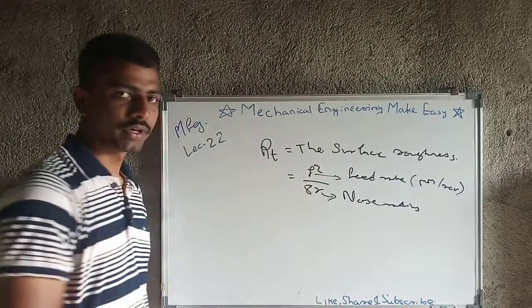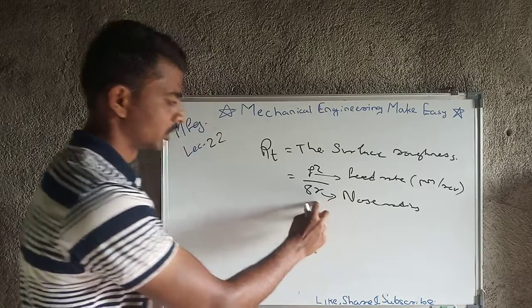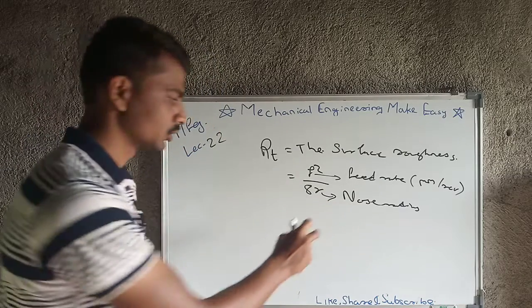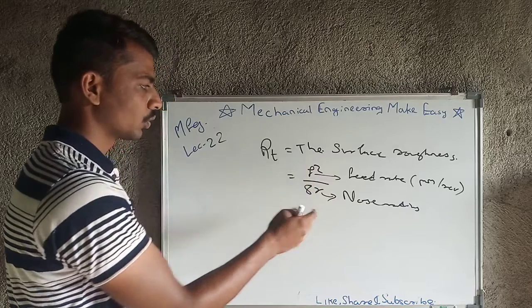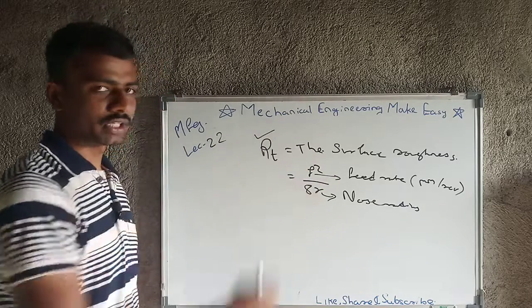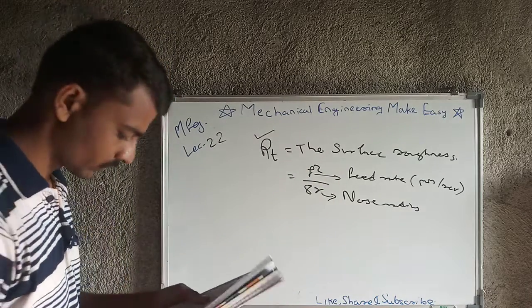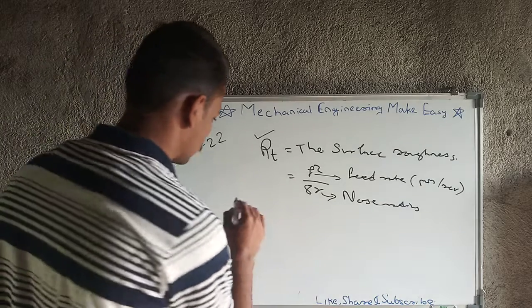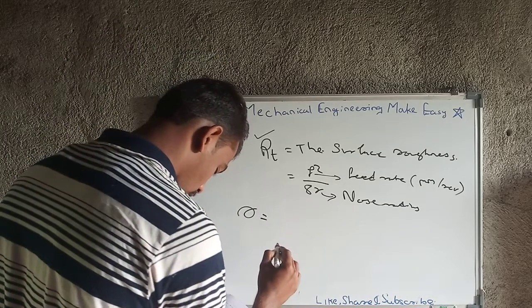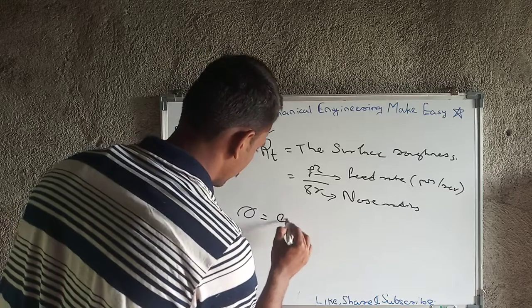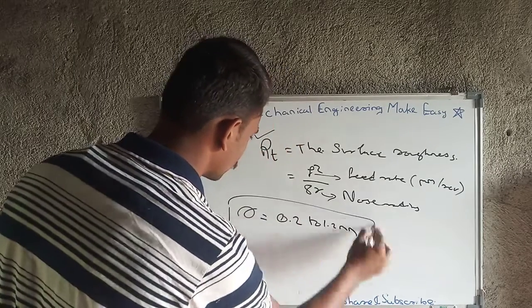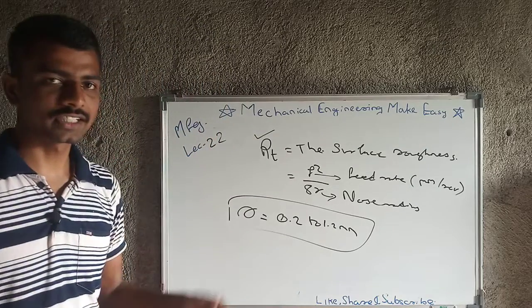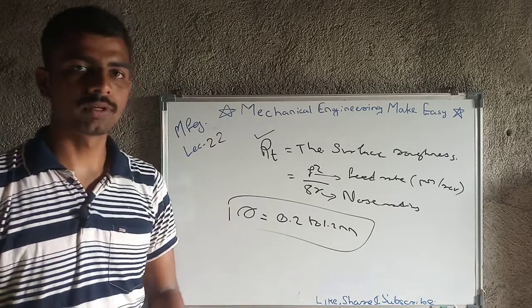In case of a single point cutting tool, we have the value of R, that is nose radius. Depending on the feed rate and nose radius, we will get the theoretical surface roughness. And R varies from 0.2 mm to 1.2 mm. This is also important.